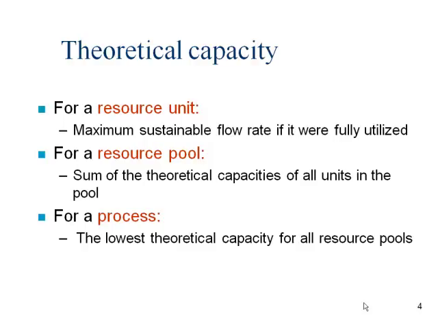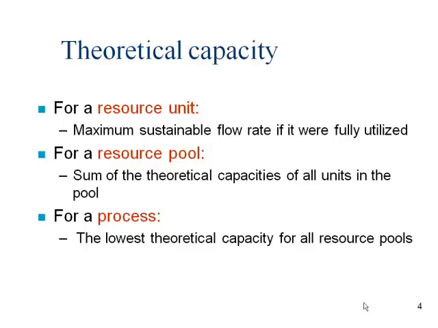So again, if we're talking about a machine that's capable of producing 1,000 units a day, if there are 8 machines in the resource pool, then the theoretical capacity of the resource pool is 8,000. Now, that's fine if we're looking at the resource unit or resource pool level.